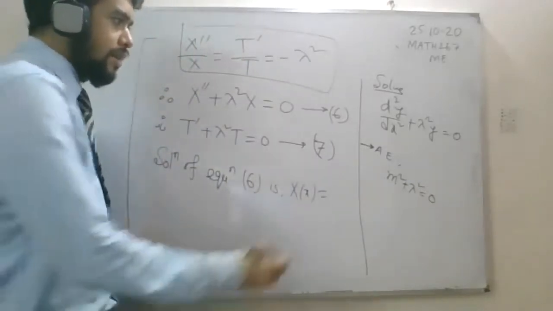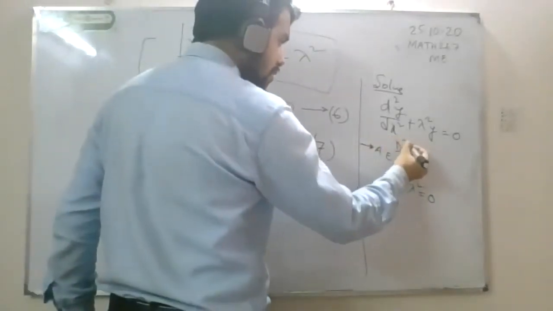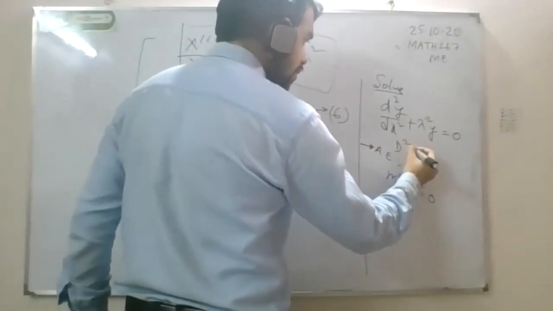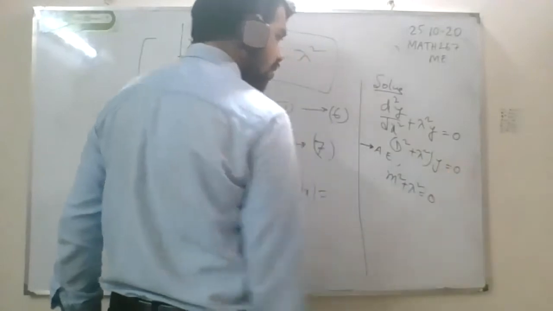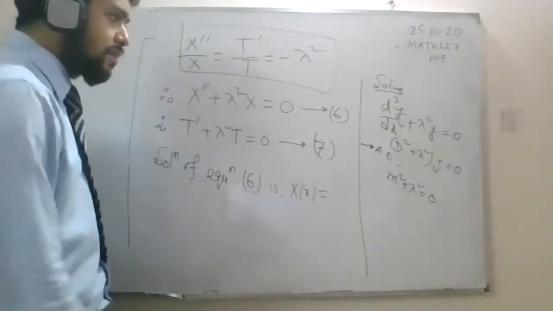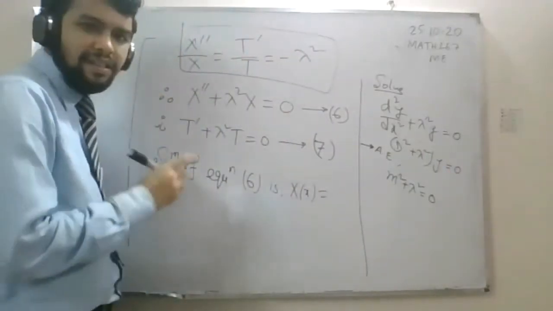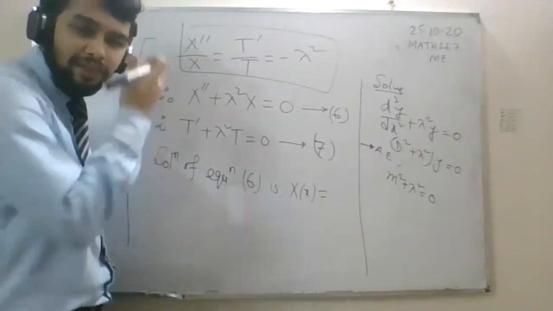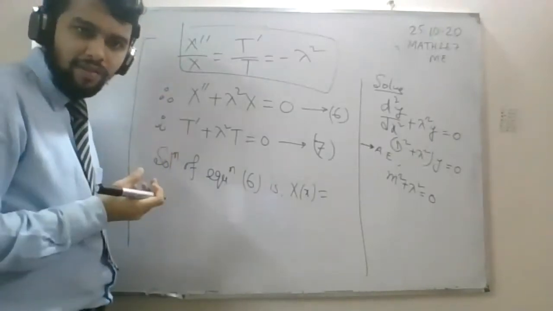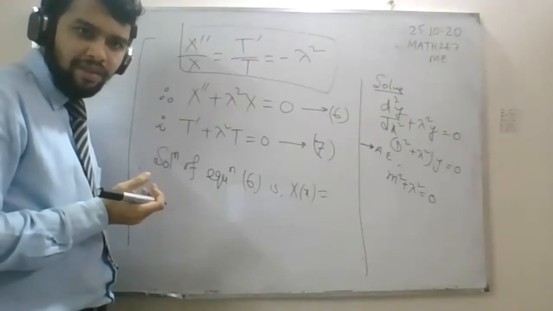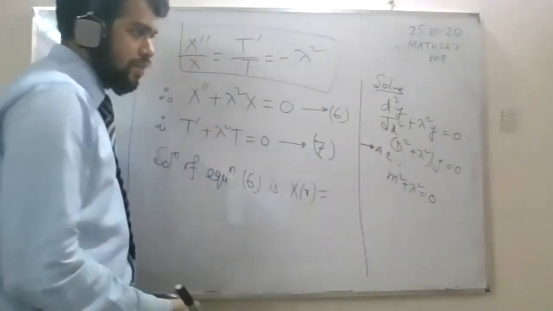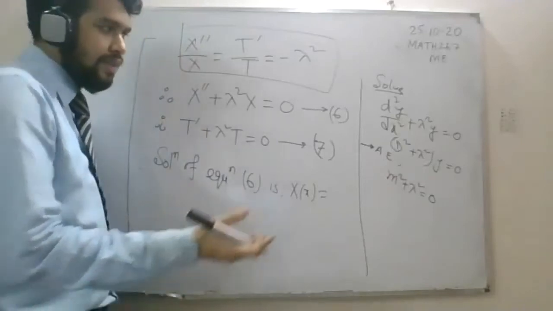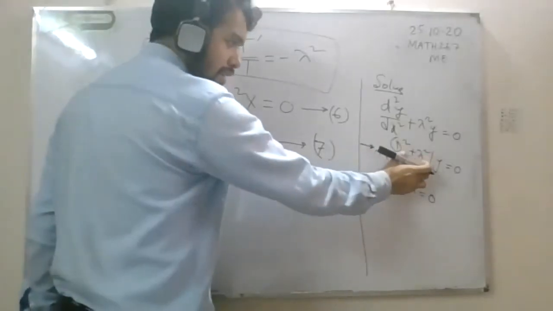That means you can say D square plus lambda square y equals 0. You have to replace D with m. That means you let a trial solution y equals e to the power mx at first, then differentiate y with respect to x two times and put those in here.